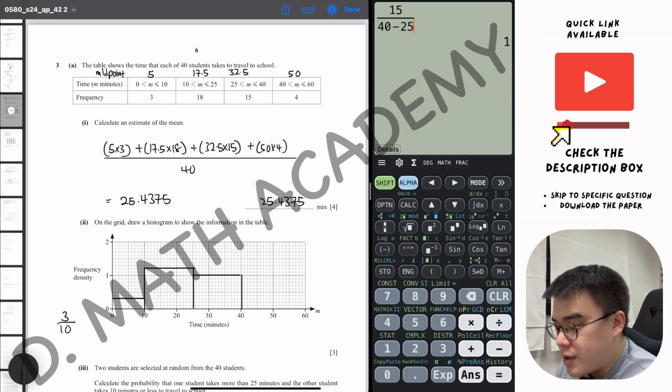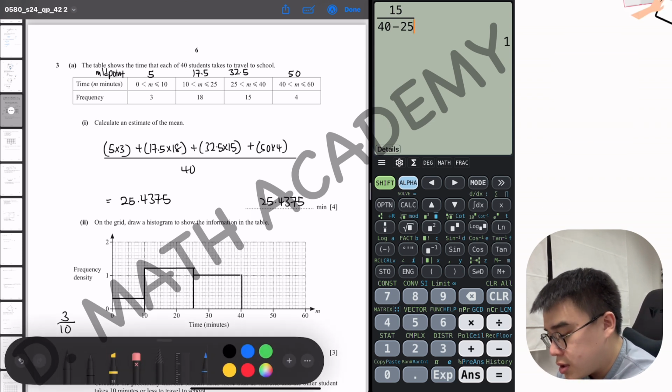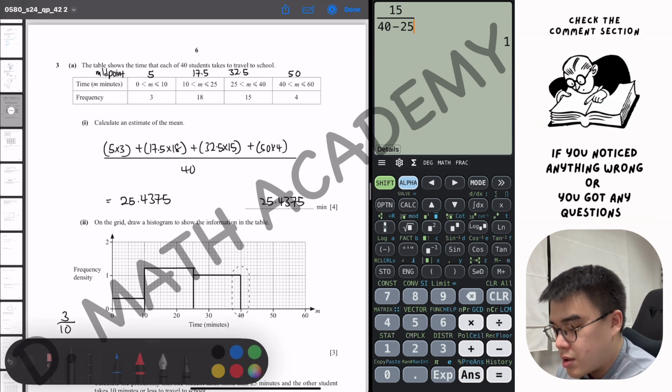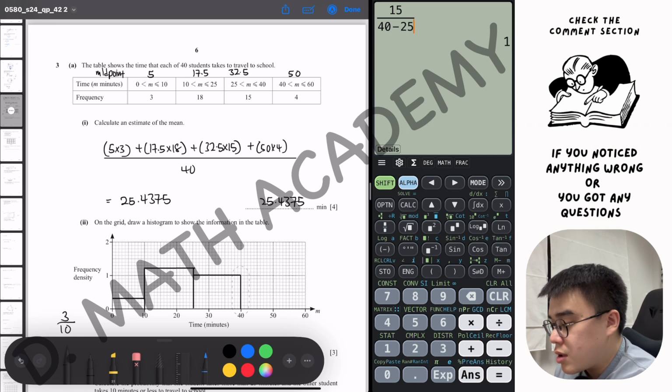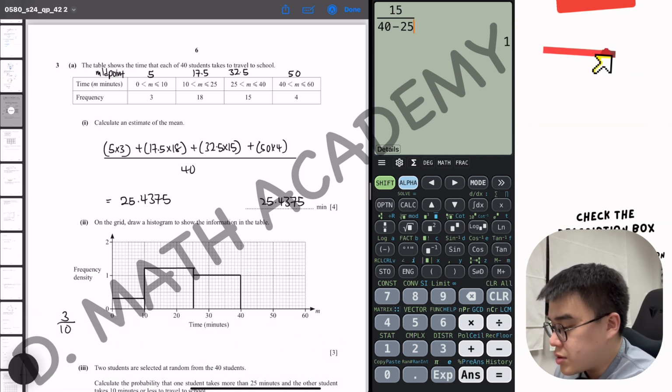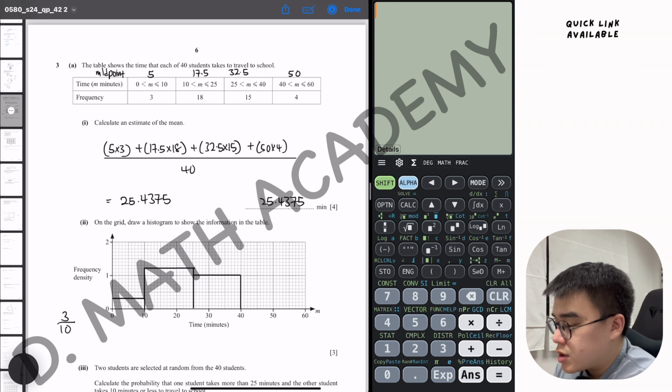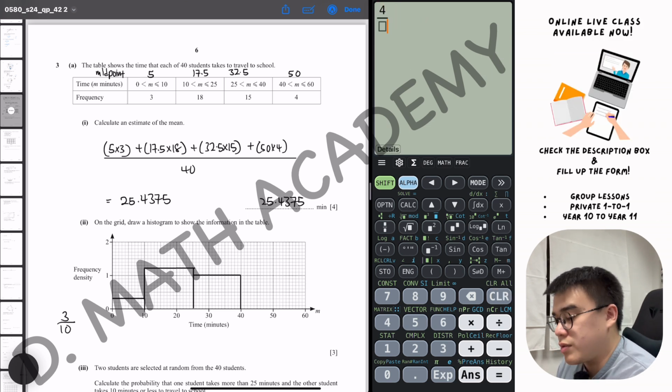And then one last part, which is here. 50. So 4 over the group was 20, you will get 0.2 at the end.